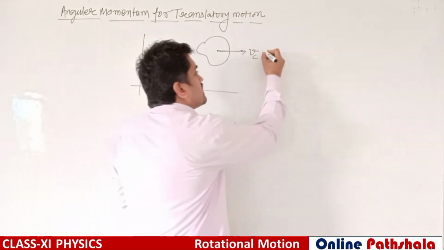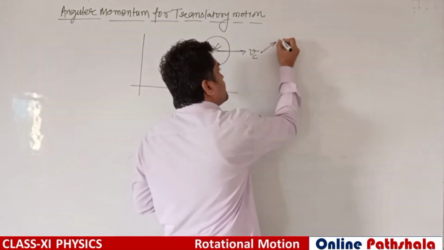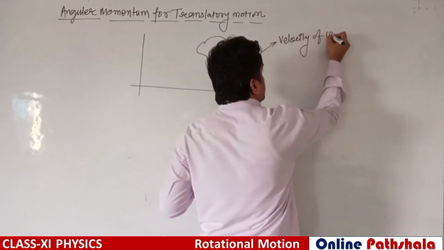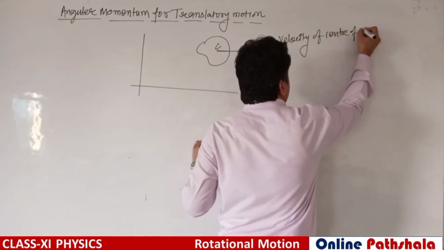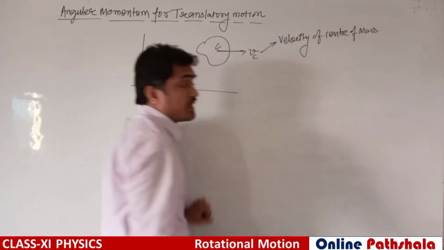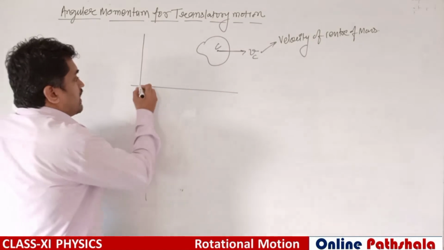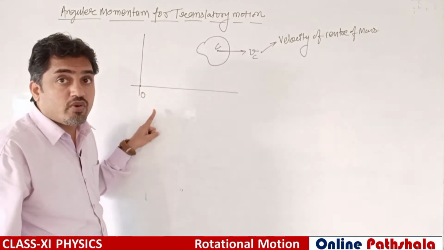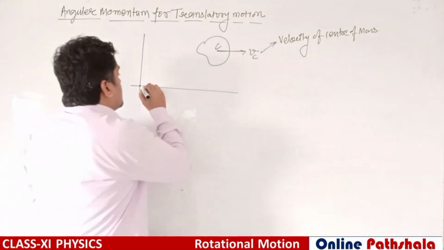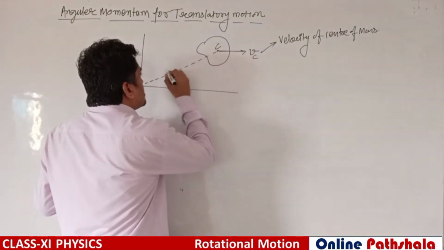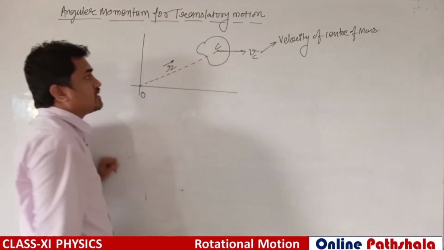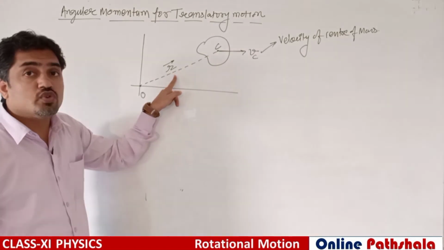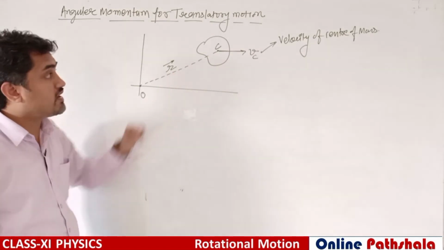It is the center of mass C. We want to find the angular momentum about this point O. At an instant, let us consider this center of mass having position r vector.